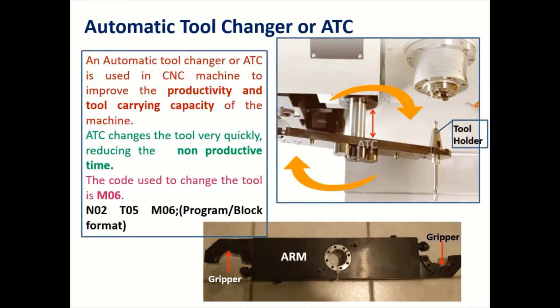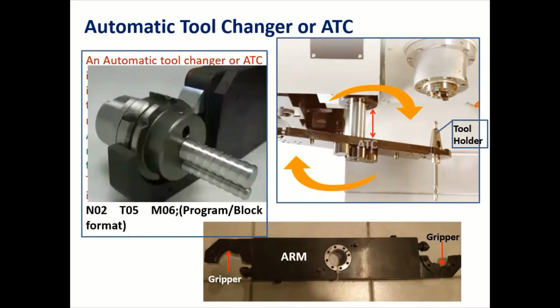If you want to write it in block format, N02 is program block number 2, T05 is the tool which we require for the operation, and M06 is the tool change. Okay, it means I need another tool to perform the operation. So this is how we can hold it in the gripper and remove it from the spindle.